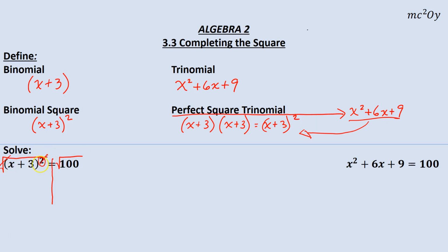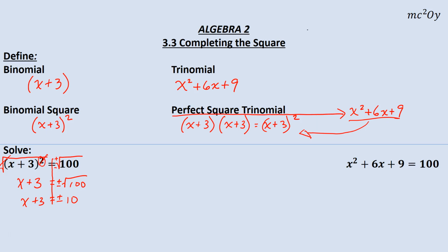The square root undoes the square, so that gives me x plus 3 on this side. And remember, whenever you impose a square root, you have to put a plus and minus in front. So I'd have plus minus root 100, and we know that root 100 is 10. So really, I'd have positive 10 and negative 10, or plus and minus 10. So x plus 3 equals plus minus 10.